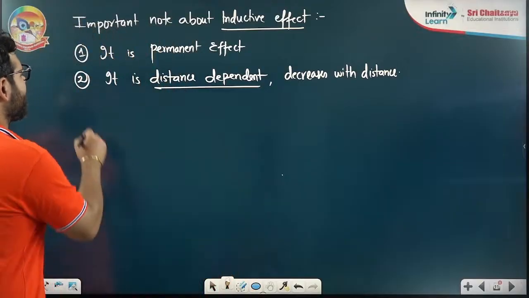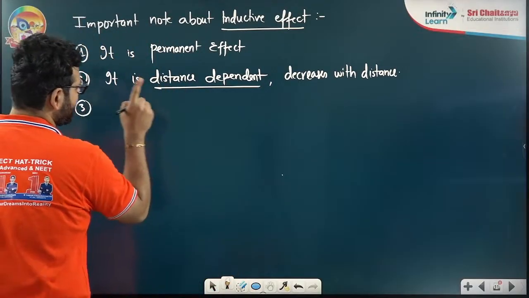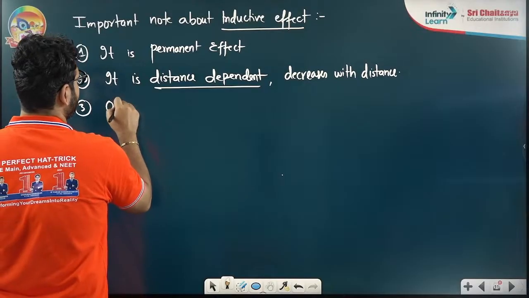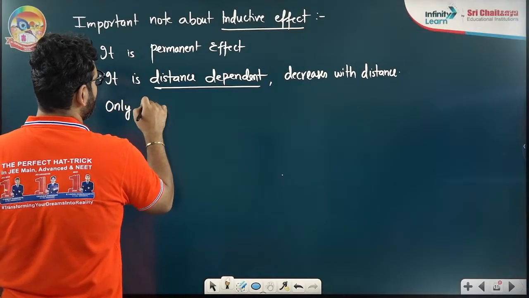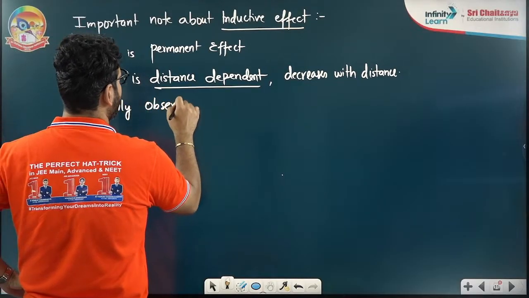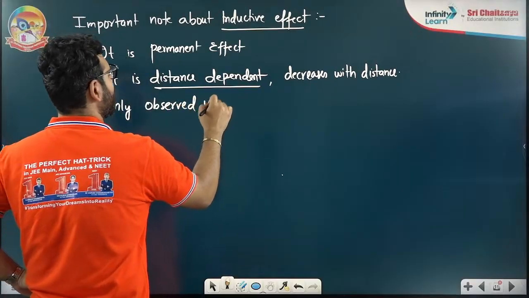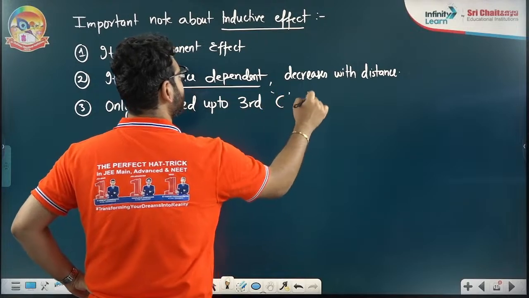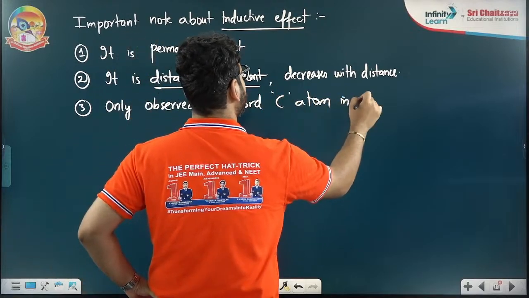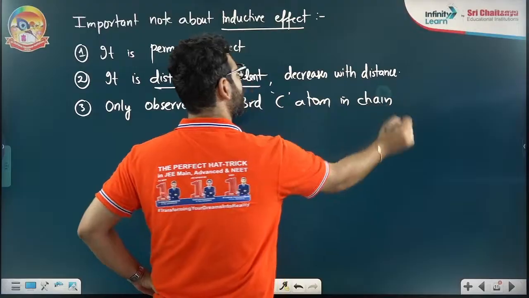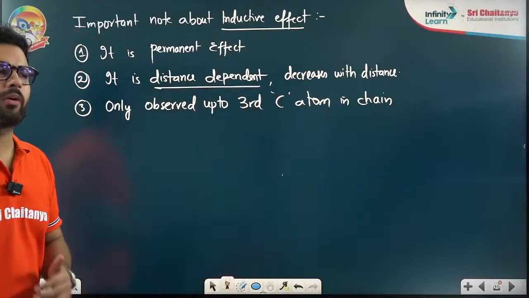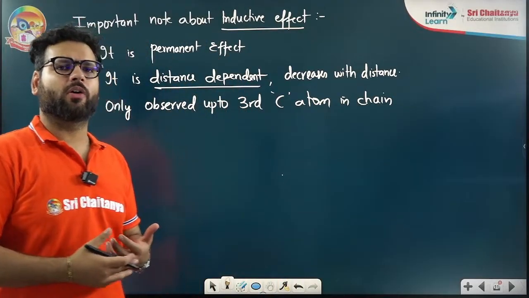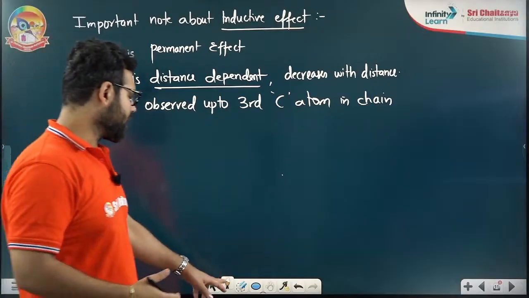It only works till third directly attached atom. It is only observed up to third carbon atom in chain. Because we are talking about organic compounds, we'll be only talking about carbon atoms. So when you have a long alkyl chain, only up to third carbon it is observed.